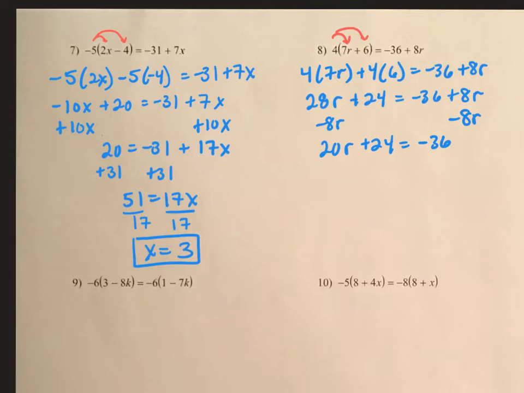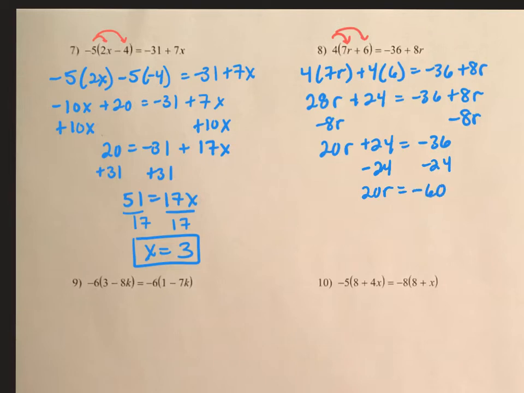Okay, my next step is to move my constants using addition or subtraction. So if I have a plus 24 to get rid of it, it's a minus 24 minus 24. I'm left with 20r equals negative 36, and a negative 24 is a negative 60.